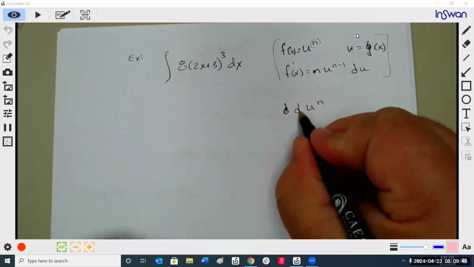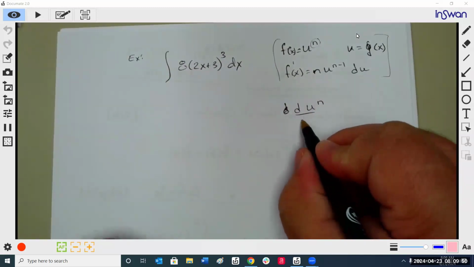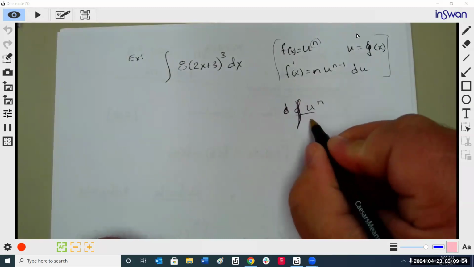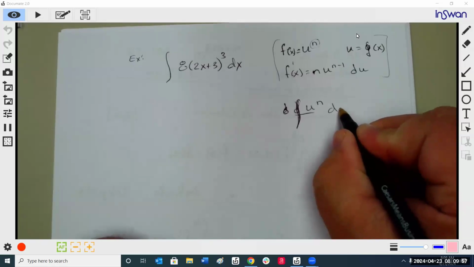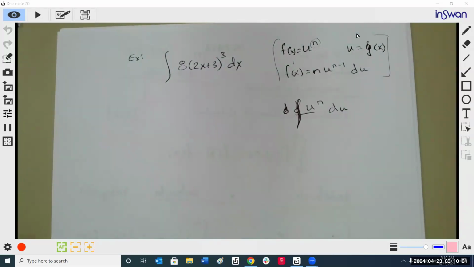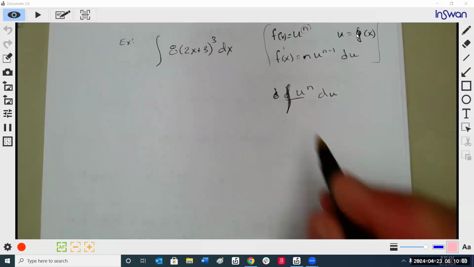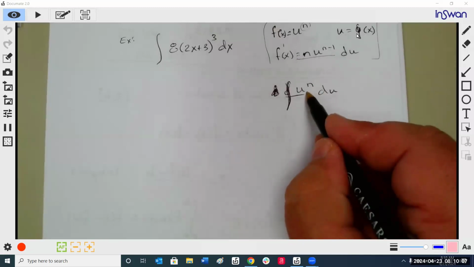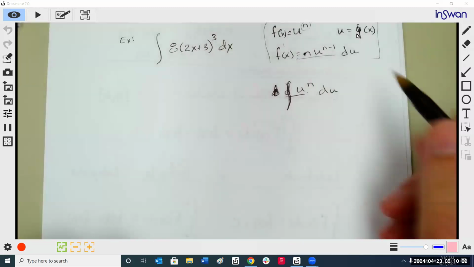So if I give you integrals, I'm going to go backwards. I'm going to start with this one, and I'm going to go backward. How do we do that?